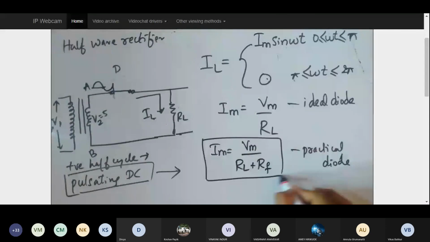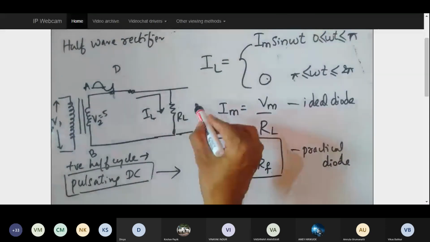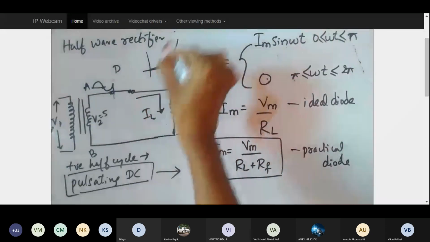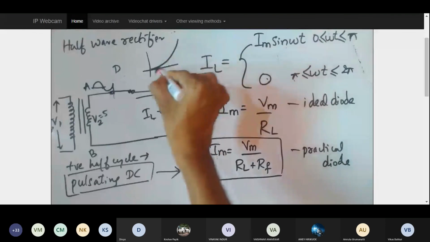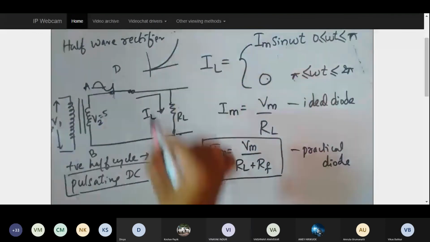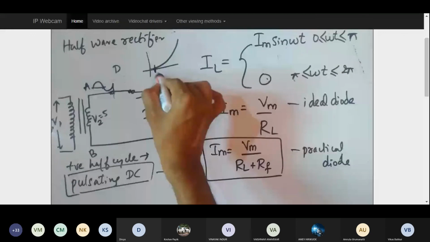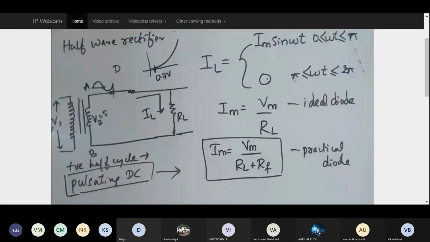Because how was my graph inside the diode? The graph was not linear, it was exponential. Since it is exponential, it means there is a resistance for current to flow. Moreover, when does current start to flow? After 0.7 volt. Up to 0.7 volt current does not flow, which means that there is a resistance. That resistance is represented by the forward resistance.